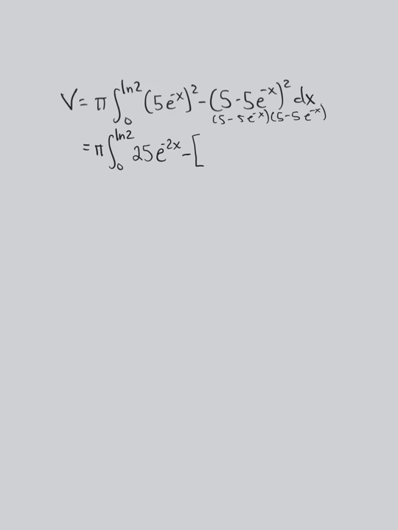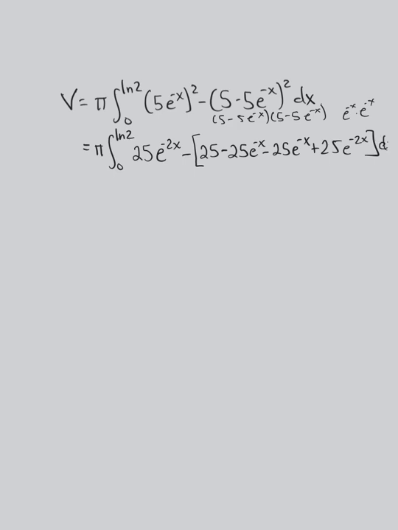So we have 25 minus 25 e to the negative x, and then minus 25 e to the negative x, and then plus 25 e to the negative x times e to the negative x. That's e to the negative 2x.